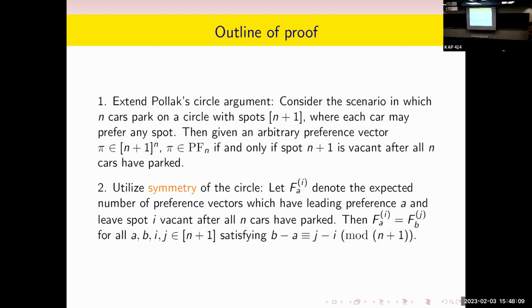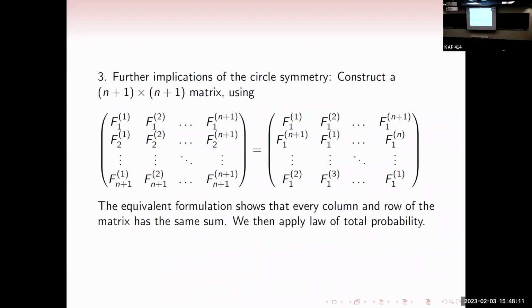And then just for illustration, we can write down such a matrix. Here the row is F_{1,1}, F_{1,2}, and so on. But then using that permutation along the circle, we see that F_{2,1} is the same as F_{1,n+1}, by following that symmetry. And then F_{2,2} is the same as F_{1,1}.